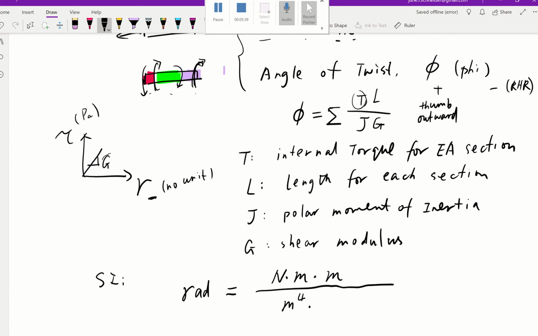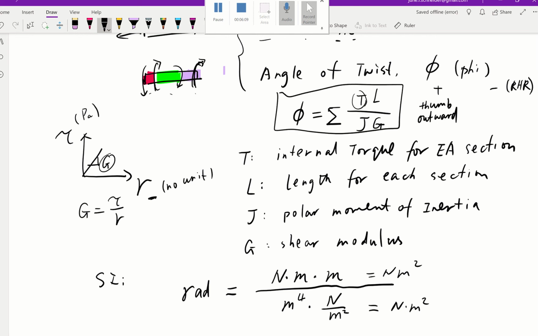So G has the same unit as tau, because G is equal to tau over gamma. So G is Pascal, which I'm going to write as Newton per meter squared. The bottom is basically Newton per meter squared after you cancel out, and the top is also Newton per meter squared. Voila, you get no unit. So dimension-wise, this equation works.